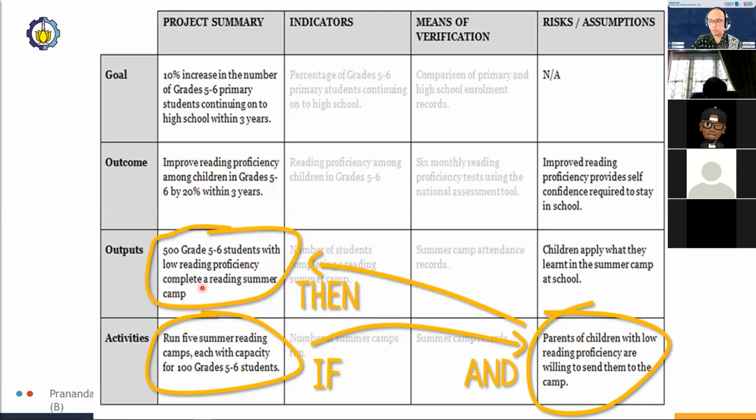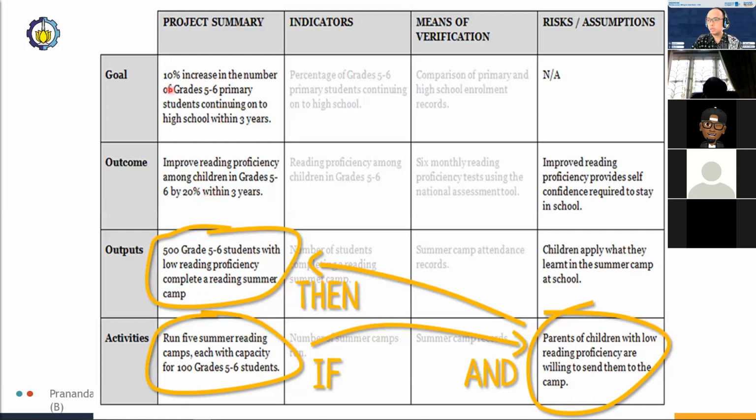And so that is the output. And the outcome of these 500 students is the improvement of reading proficiency among children in grades 5 to 6 by 20% within 3 years.